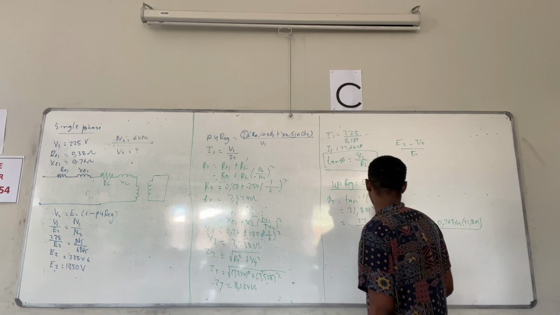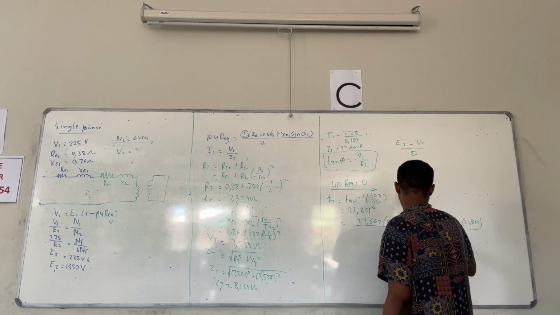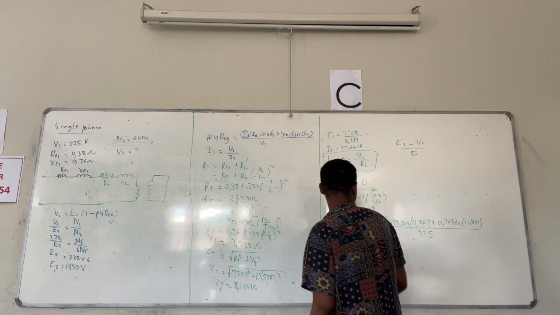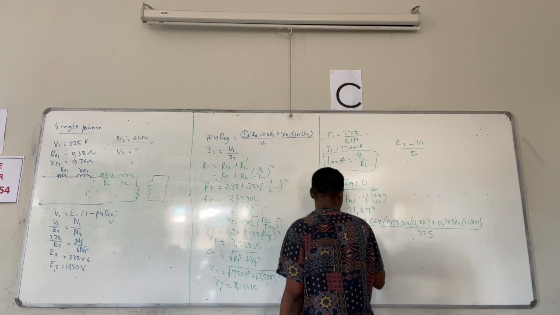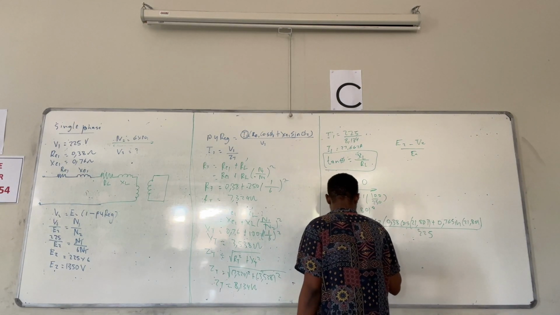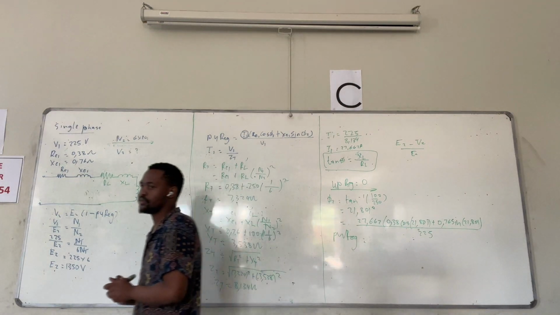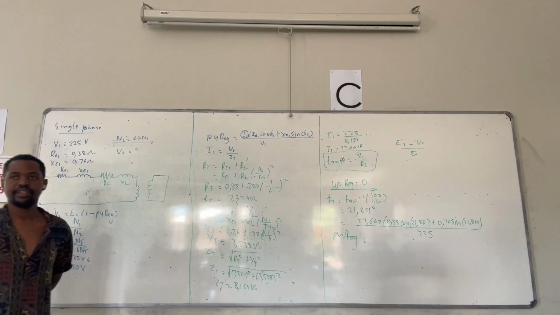Then a primary voltage of about 225. The answers we don't multiply by 100, because we want per unit regulation. So one per unit regulation.